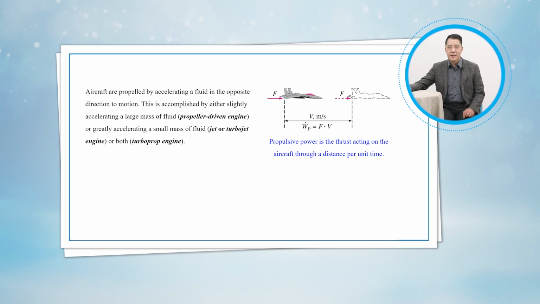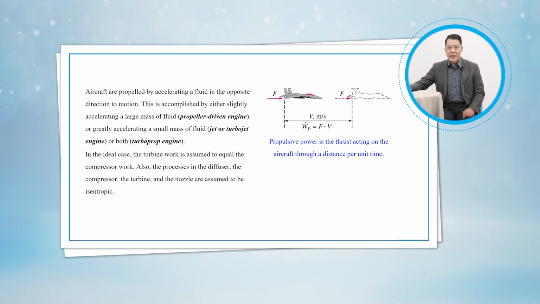In the ideal case, the turbine work is assumed to equal the compressor work. Also, the processes in the diffuser, the compressor, the turbine, and the nozzle are assumed to be isentropic.